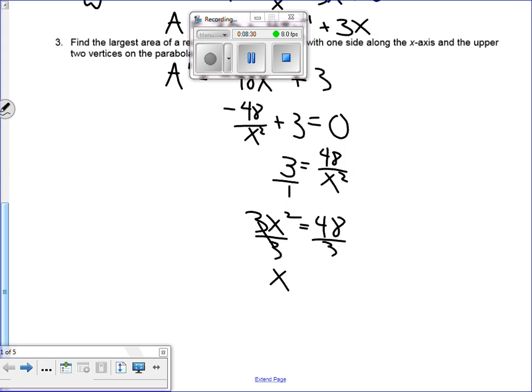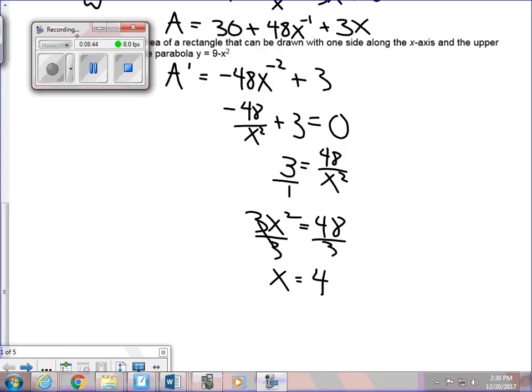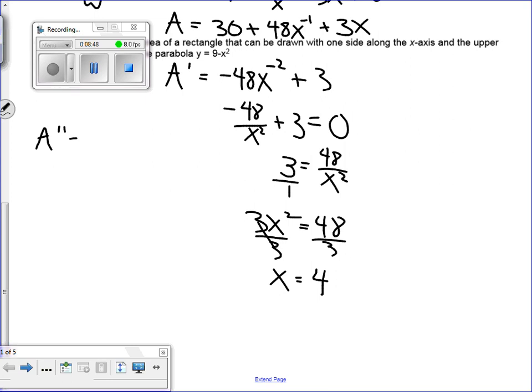So x does have to be positive, right? It's like the width of the printed material. So it's going to have to be 4. If x squared is 16, x would be 4. Now, just to make sure this is giving us a minimum total area and not a max, let's get the second derivative. So the second derivative would be 96x to the negative 3, or 96 over x cubed.